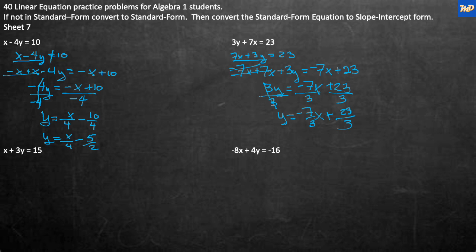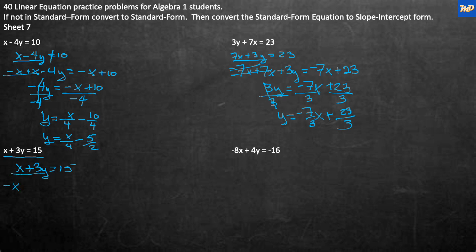Next equation, the x, the y, right here, x, y, and 15, they're in the right order. The x is positive. Nothing is common, divisibly common. There's no factors. So we're just going to go right straight to slope-intercept. So we're going to say x plus 3y is equal to 15. We're going to move the x by saying negative x.